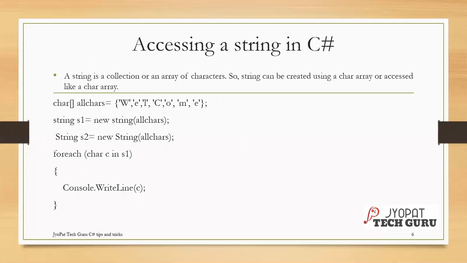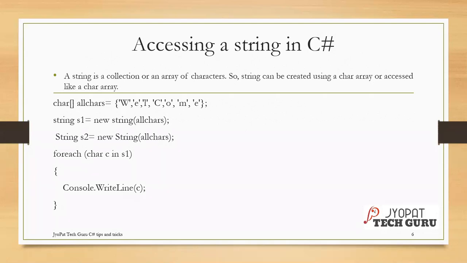So how to access a string in C#? Whenever you declare an array of characters, it will be considered as a string. A string is a collection, an array of characters. So a string can be created using a character array or accessed like a character array. Here in this example, we have all characters wherein we have stored "welcome". Each and every character is separately mentioned with a single quote.